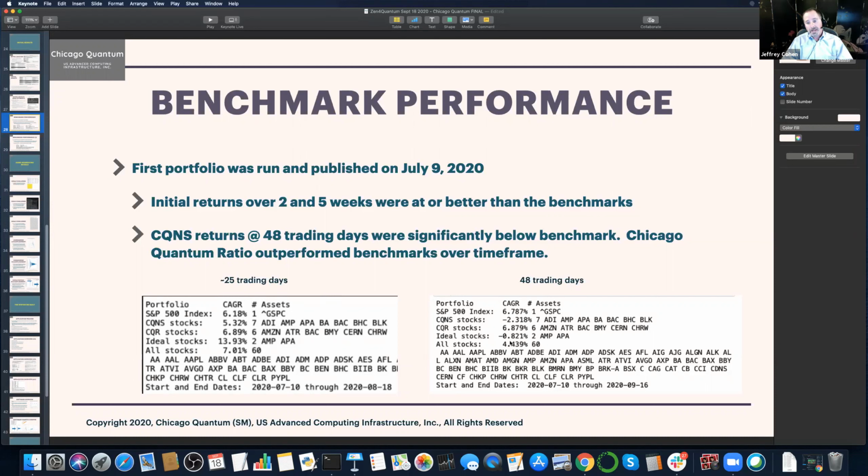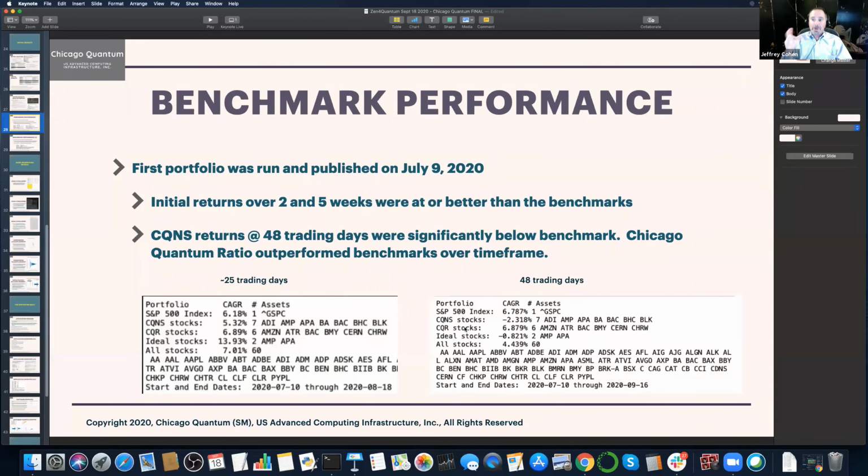At 48 days, the ideal portfolio is down almost 1% versus 4.4% up if you just held all the stocks. And what's interesting is the Chicago quantum ratio, which is a clean proxy of the Sharpe ratio, still beat the market.